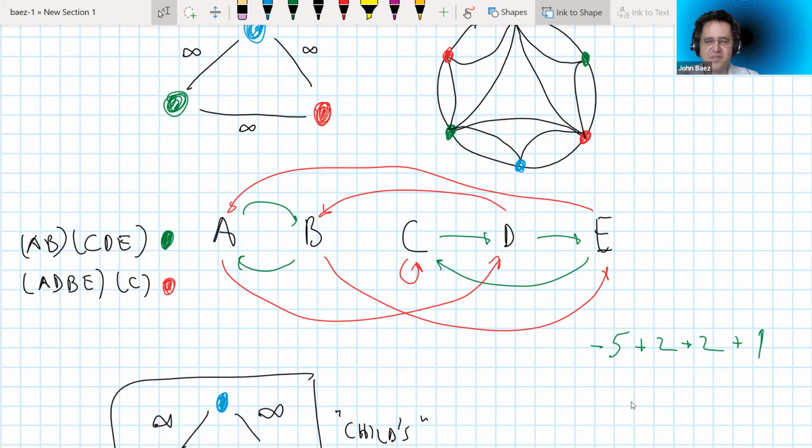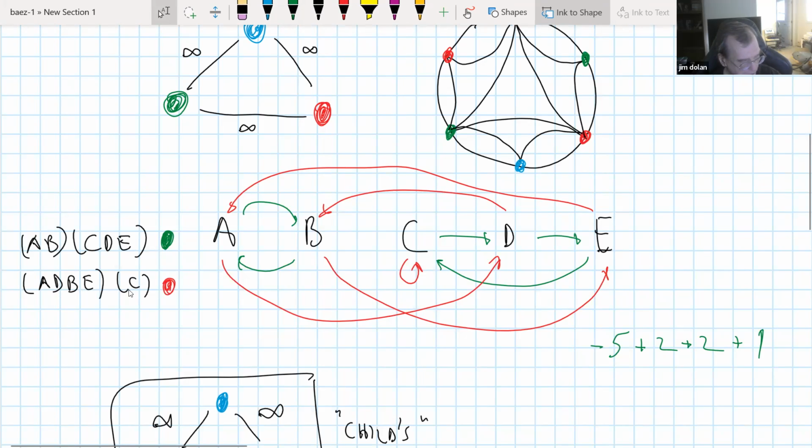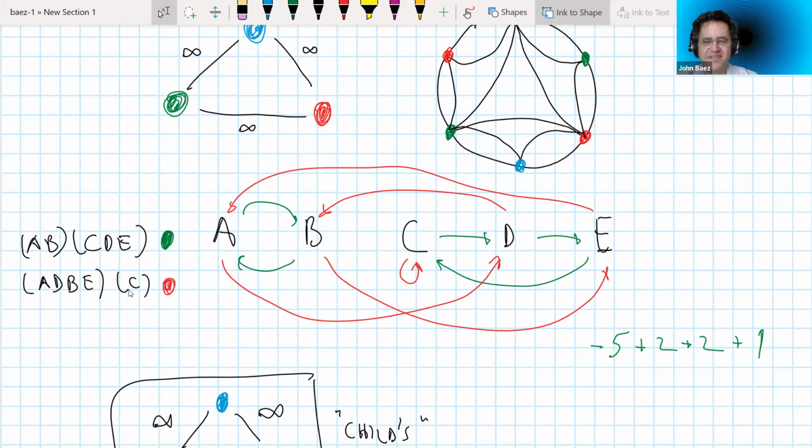And then the 2 and the 2 are the orbits: 2 orbits of the green permutation, AB and CDE, and 2 orbits of the red permutation, ADBE and C. And then there's just 1 orbit of the composite permutation, if I did it correctly.